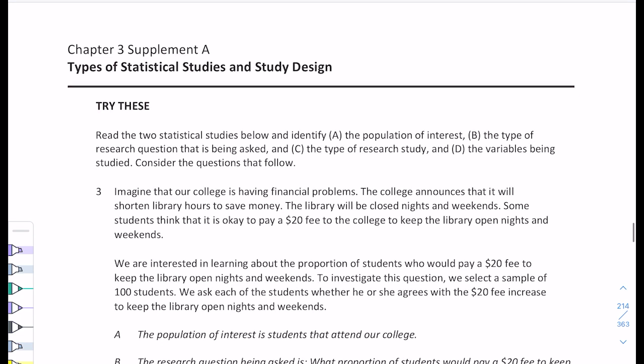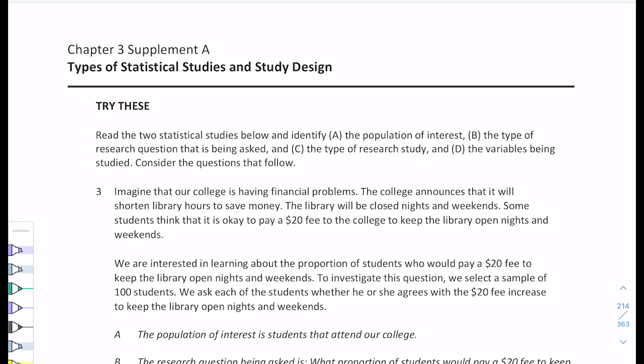So really quickly, let's talk again about population of interest. What exactly is the population of interest? It is just by name the population that we are interested in studying. In this first problem here, it talks about college having financial problems, and they're thinking about ways to save some money.